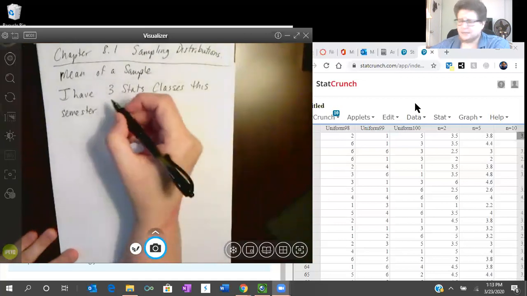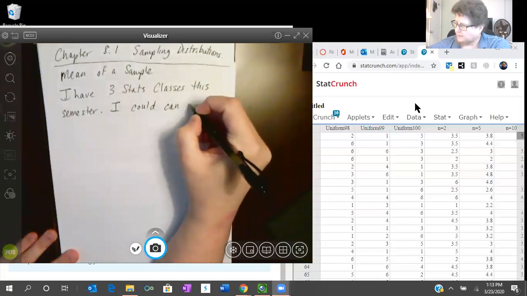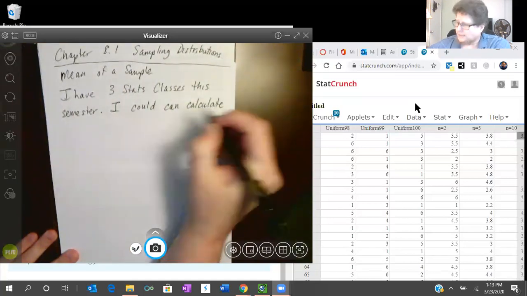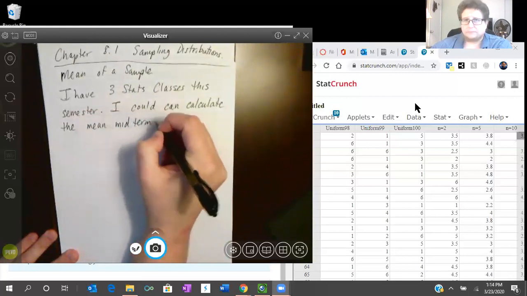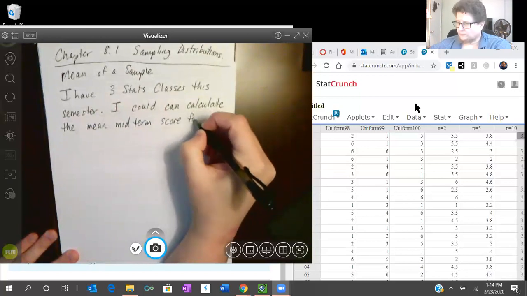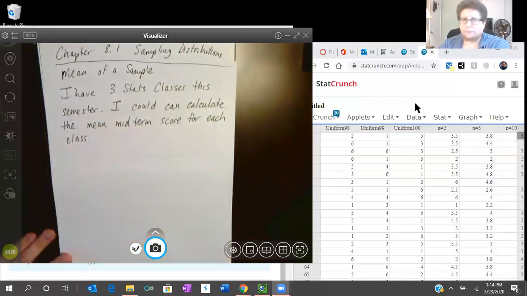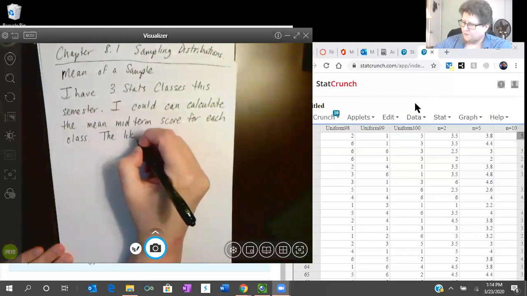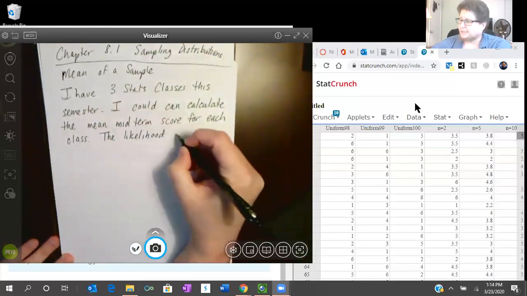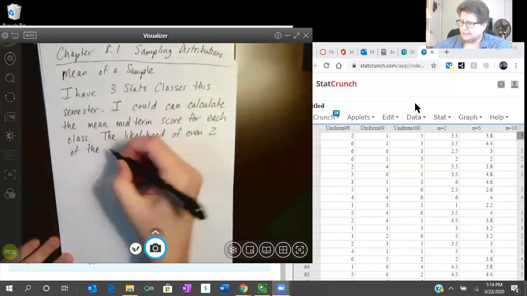I could calculate the mean for each midterm, the mean midterm score for each class. Now, the odds of them being the same are extremely improbable. The likelihood of all 3 classes, or even 2 of the classes, having the same mean is highly unlikely.